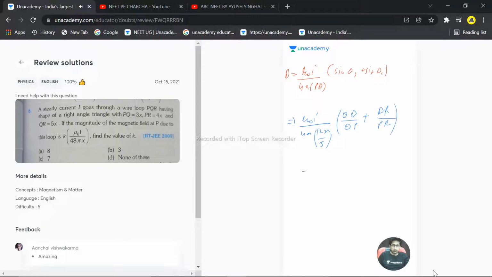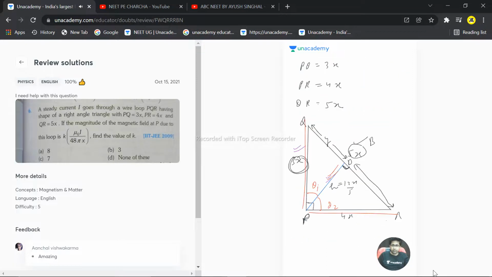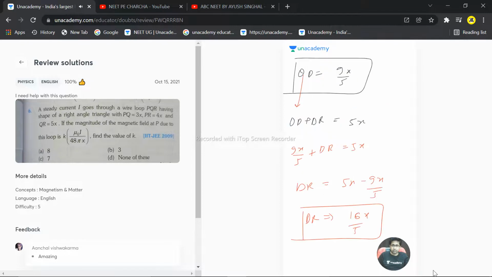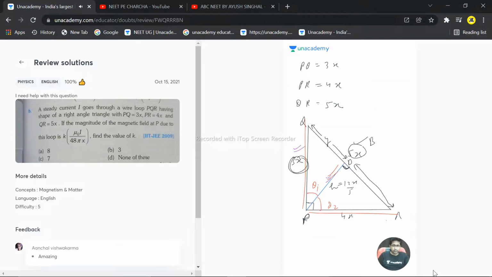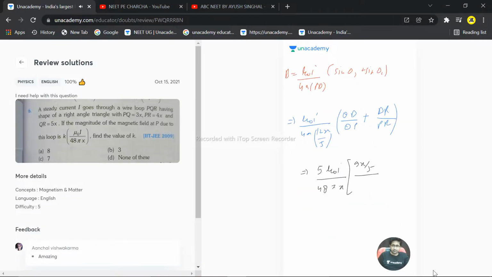Let's solve the next step. 5 mu naught I by 12 fours are 48 pi x, and QD is 9x by 5, divided by QP, where QP is 3x.